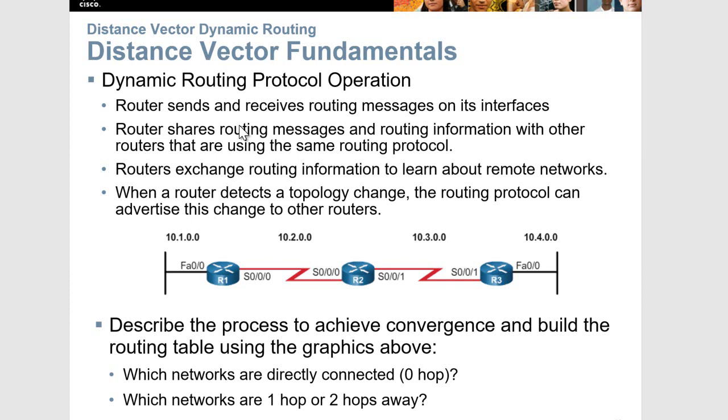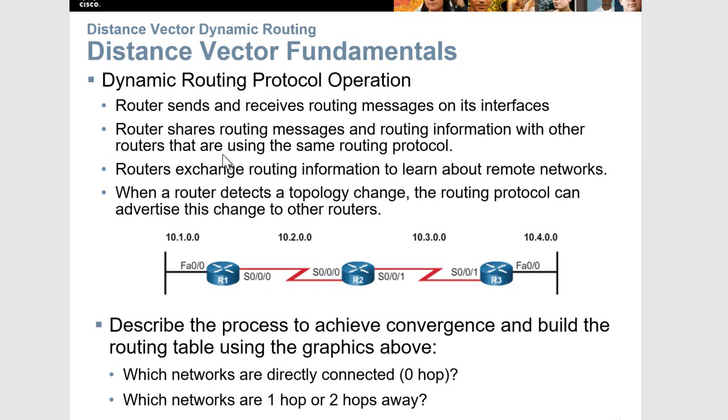All right. Routers send and receive routing messages on their interfaces. So they're exchanging routing messages on the interfaces, which is common to most protocols. They share routing messages and other information with other routers that are using the same protocol. Very important. Got to have the same protocol set up, as far as RIP, EIGRP, OSPF, things of that nature.